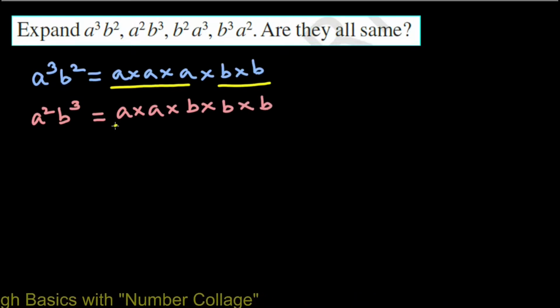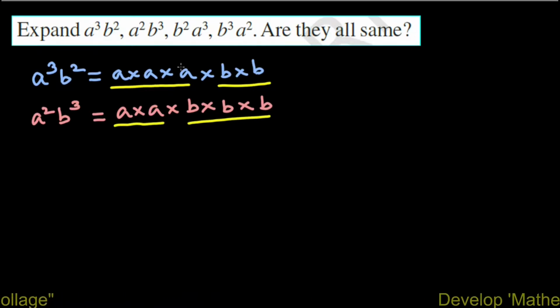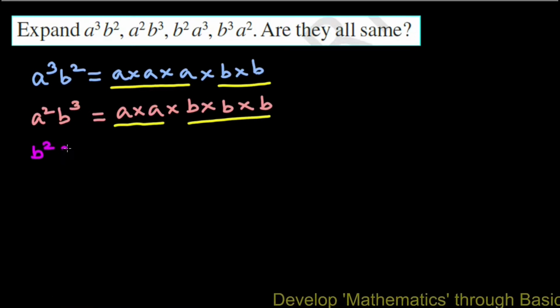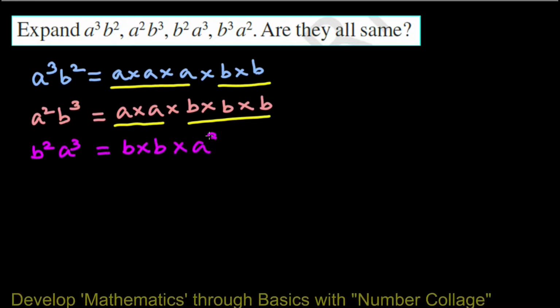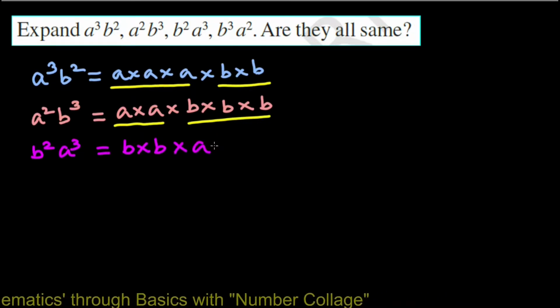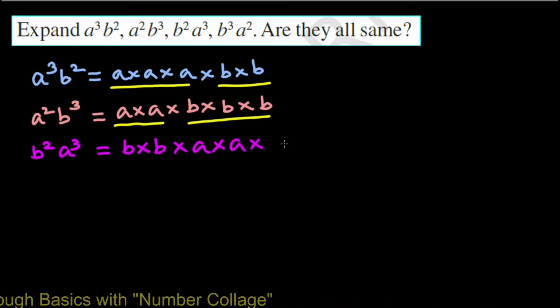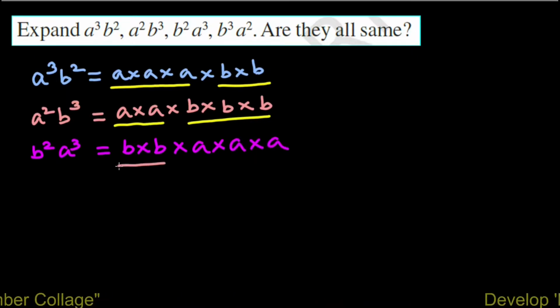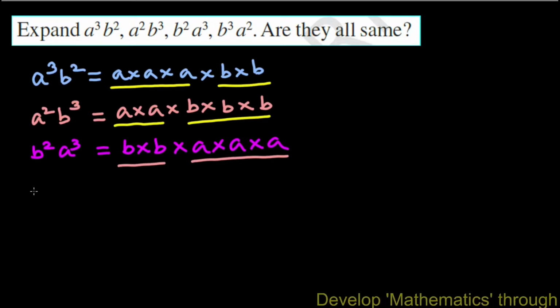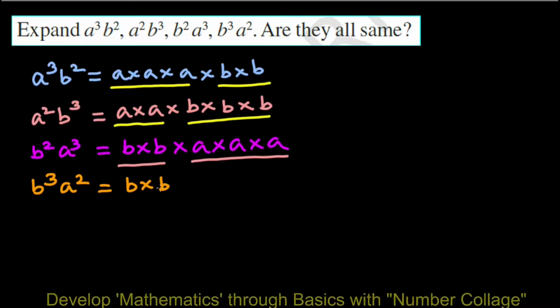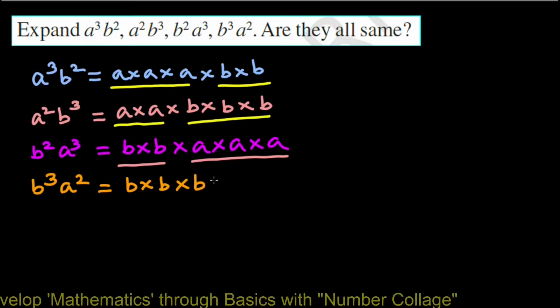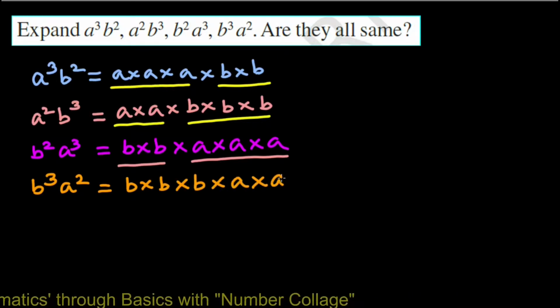Here a is coming 2 times, b is coming 3 times. Then b squared a cube will be b multiplied by b multiplied by a multiplied by a multiplied by a. Here b is coming 2 times, a 3 times. And finally b cube a squared will be b multiplied by b multiplied by b multiplied by a multiplied by a.